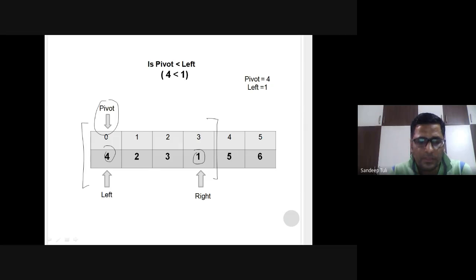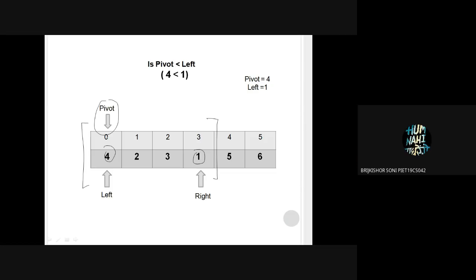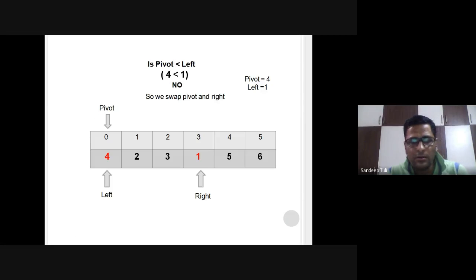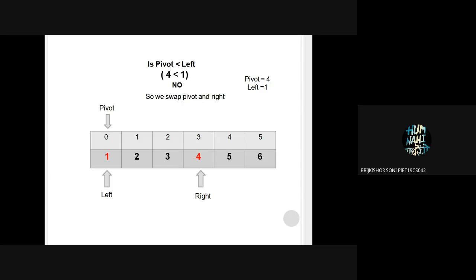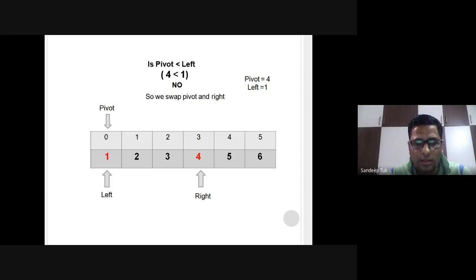Now 4 will be compared with 1. We start from 4, comparing 4 and 1. 4 is not lesser than 1, so we need to swap it. 1 and 4 will be swapped. Now again we will start from right.